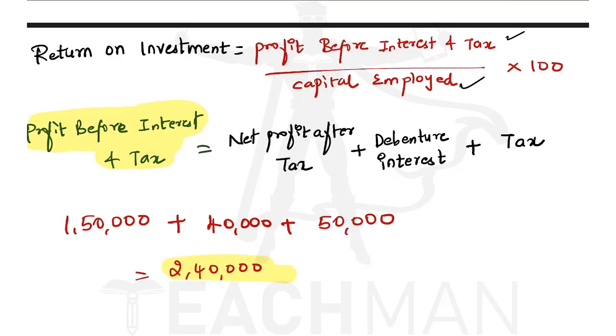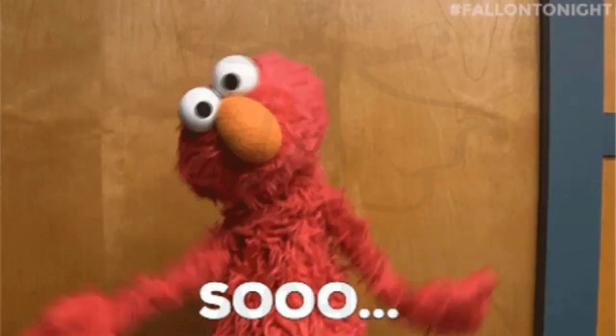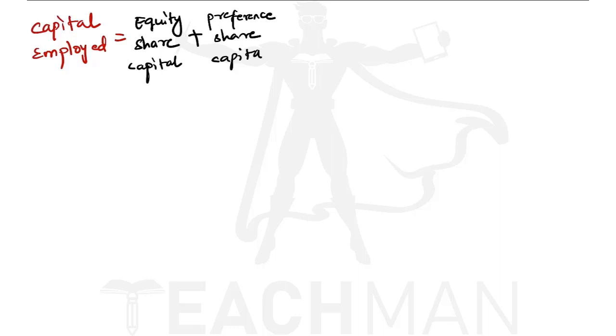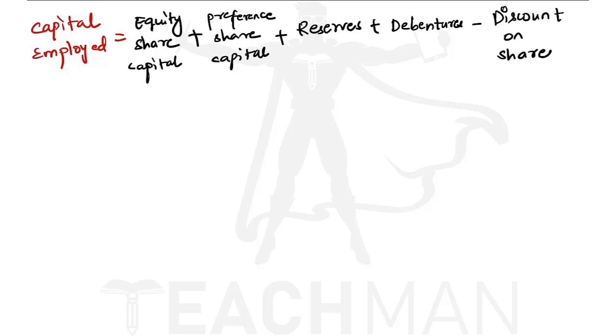Now let us find out capital employed. So formula of capital employed is equity share capital plus preference share capital plus reserve plus debentures minus discount on shares.